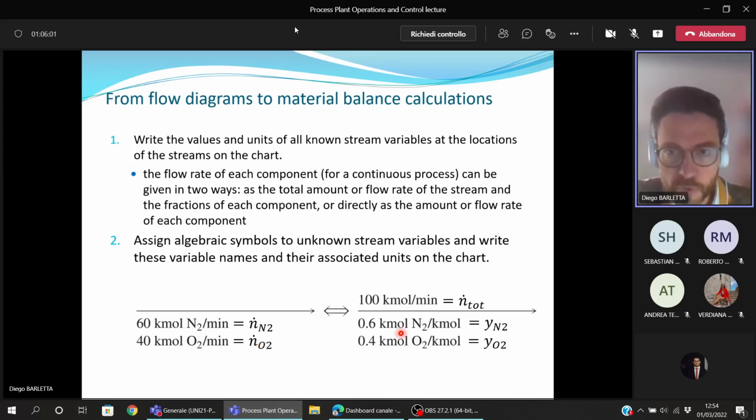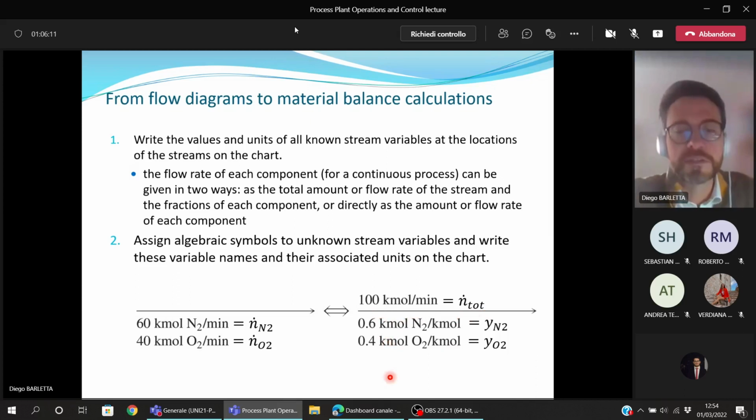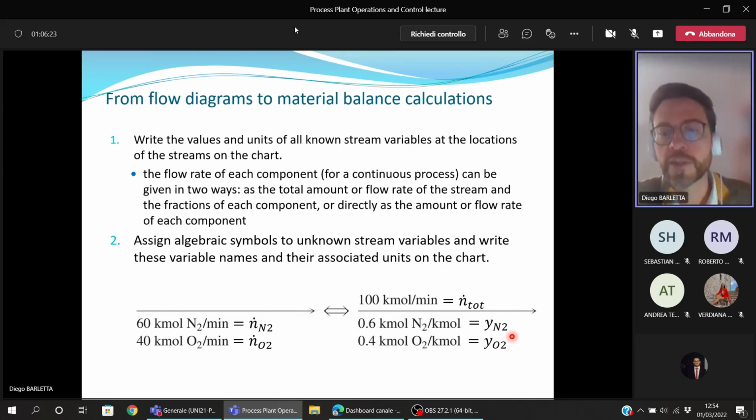But this is equivalent, of course, to reporting 100 kilomole per minute as the total molar flow rate, and then two pieces of information relevant to the composition in terms of molar fraction, that are y of nitrogen and y of oxygen, 0.6 and 0.4.